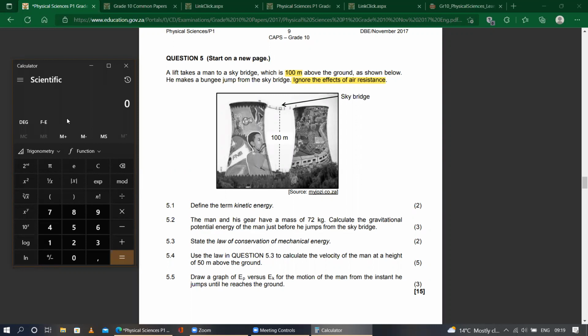I got an answer of... I don't think this answer is right though. It doesn't sound right.